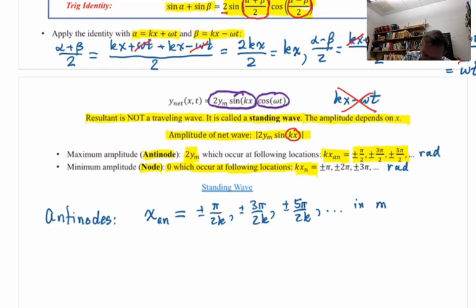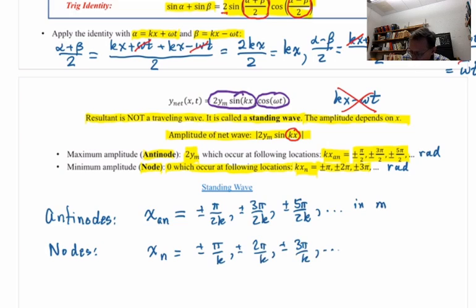Now I can find the x values of those nodes, the x_n, by dividing both sides of that expression by k. So the locations of the nodes are plus or minus pi over k, plus or minus 2 pi over k, plus or minus 3 pi over k, and on and on, in meters.